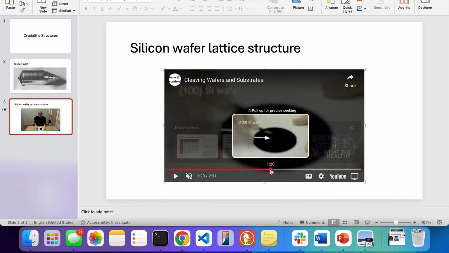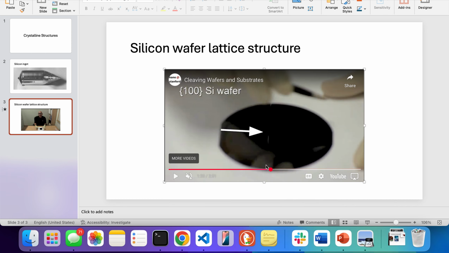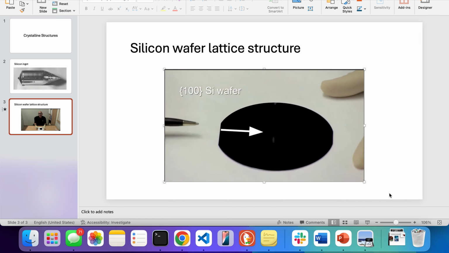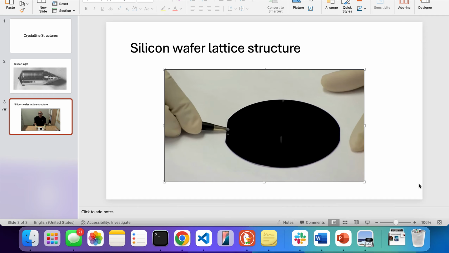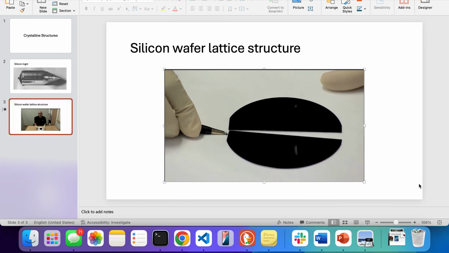So you can see here in this video, this is a silicon wafer, and you can see how the 1, 0, 0 orientation is oriented on the silicon wafer by the way that it breaks, right?